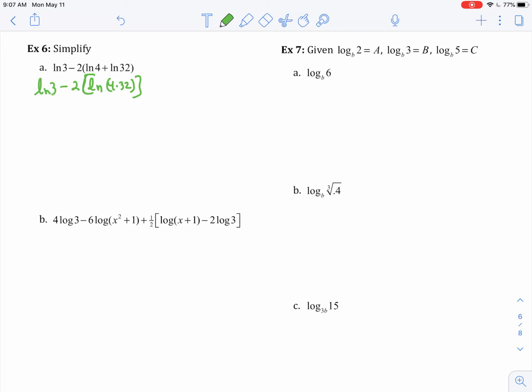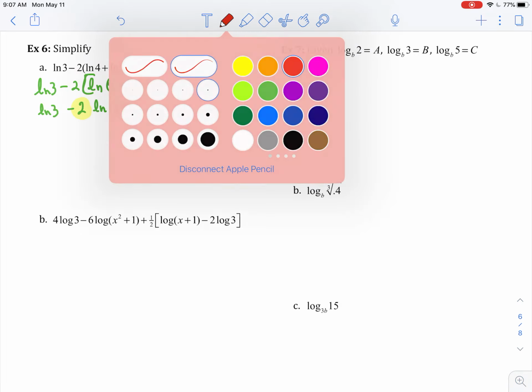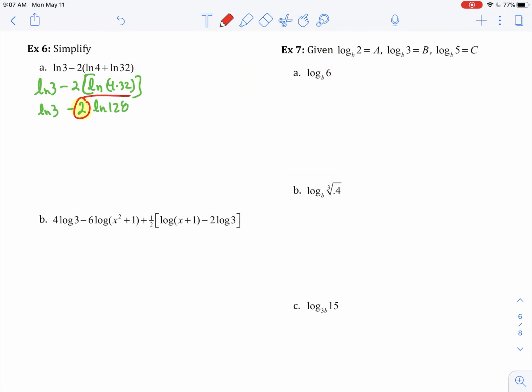And 4 times 32 is 128. And if we have a number in front, a coefficient to our log, then that was or could have been a power, so we can bring that back up as an exponent.